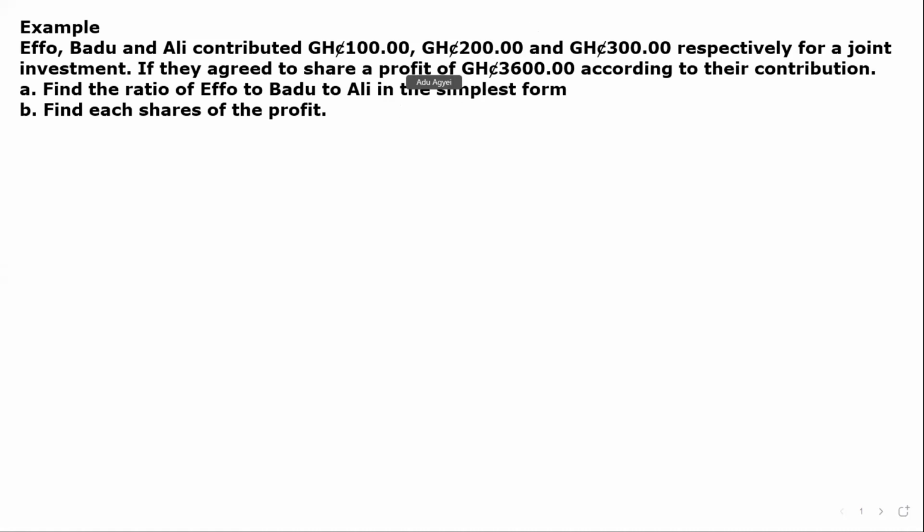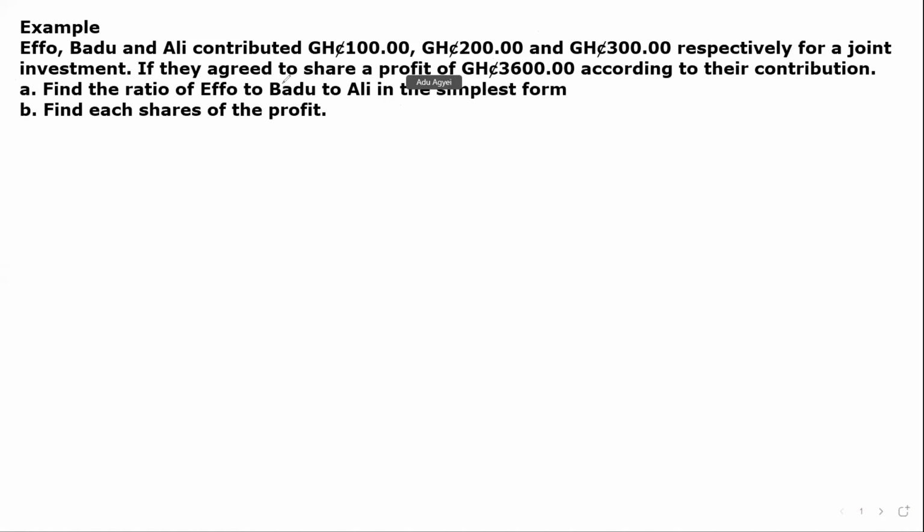Now, example. Efo, Badu and Ali contributed 100 Ghana cedi, 200 Ghana cedi, and 300 Ghana cedi, respectively, for a joint investment.